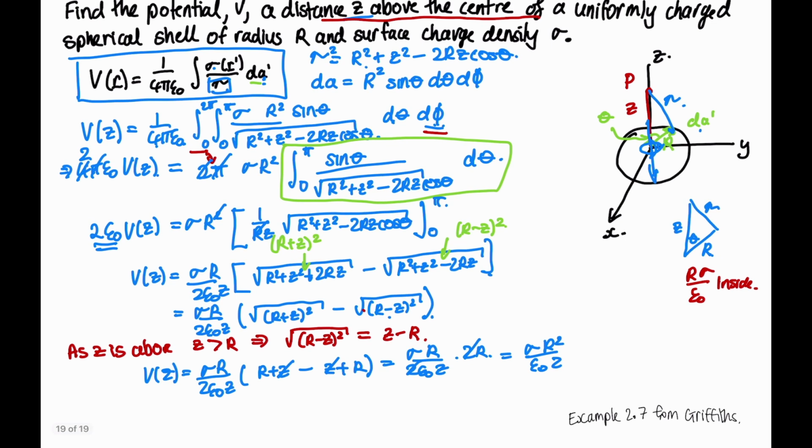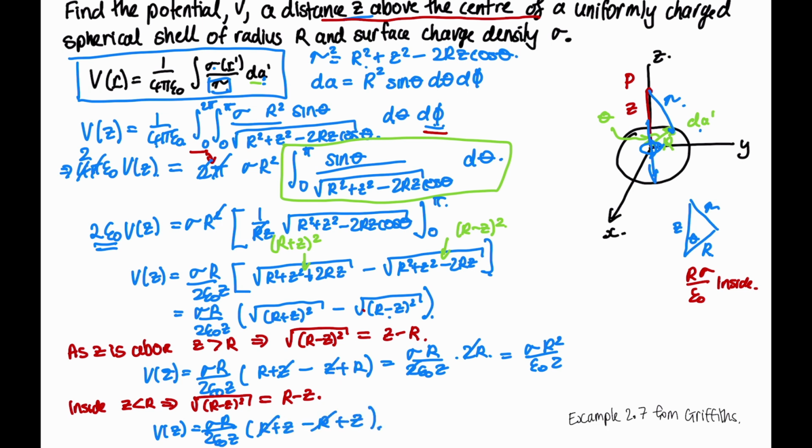Okay, so inside we've got that z is less than R, and so this tells us that the square root of (R minus z) squared is equal to R minus z. And so in that case, we've got that V of z is equal to sigma R over 2 epsilon naught z, times R plus z minus R plus z.